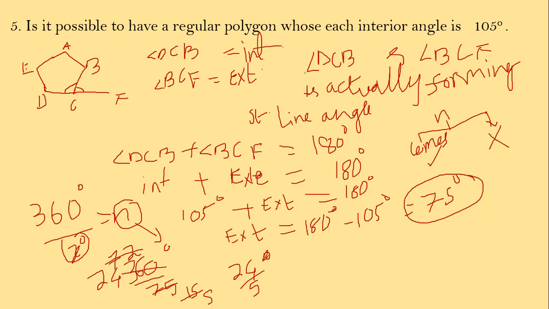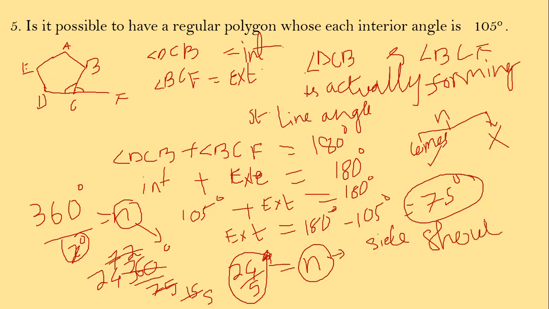Of 24 by 5 is actually the n, right? So again, this is coming as a fraction. So we know that the number of sides can't be a fraction. Sides need to be an absolute value, right?